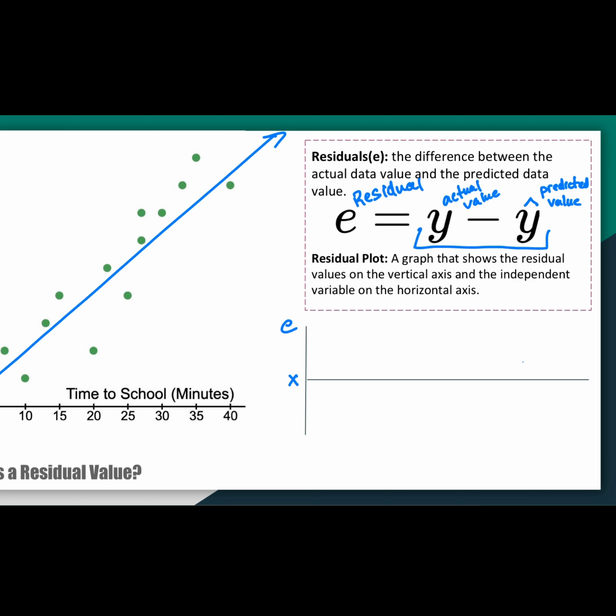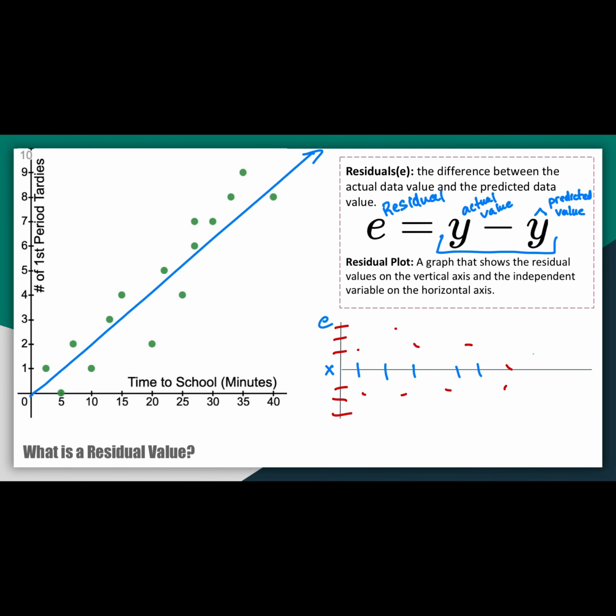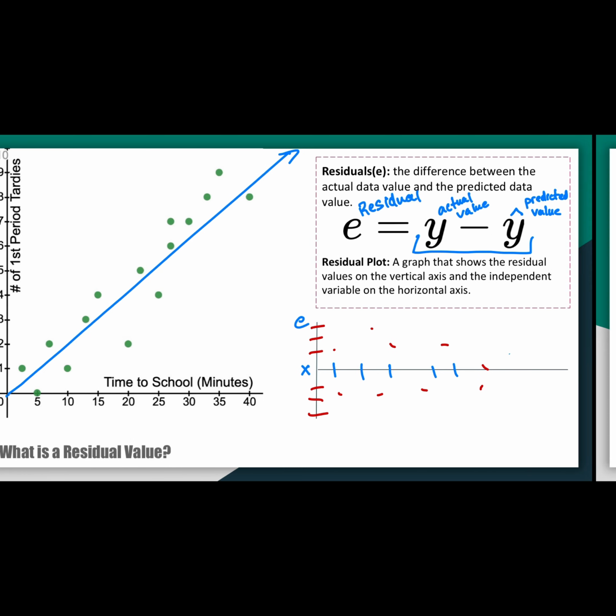We're not really concerned with anything to the left, just to the right. You put numbers here and numbers out here to measure the residual, and you might get graphs that look like they're scattered all over here. If you're super confused on what a residual plot is at this point, that's okay. This is more of a big ideas page of what we're going to be doing, and we're going to get into the bread and butter of it next.